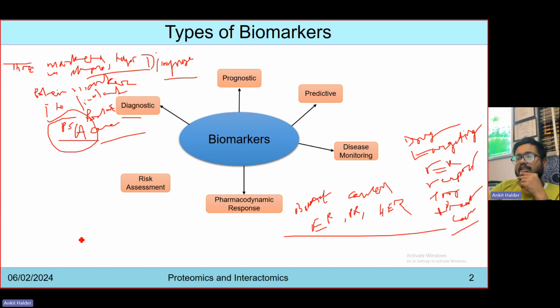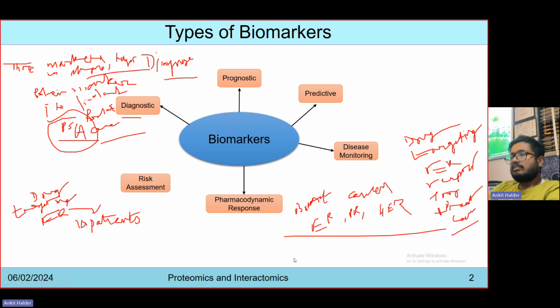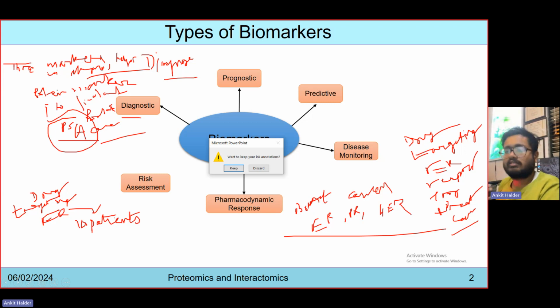Now imagine you have 10 patients, and you give the drug targeting ER to these 10 patients.